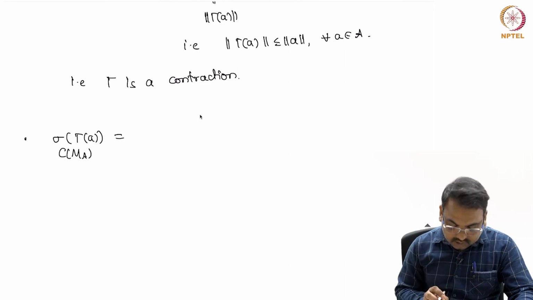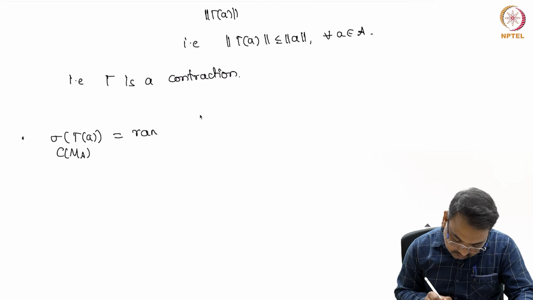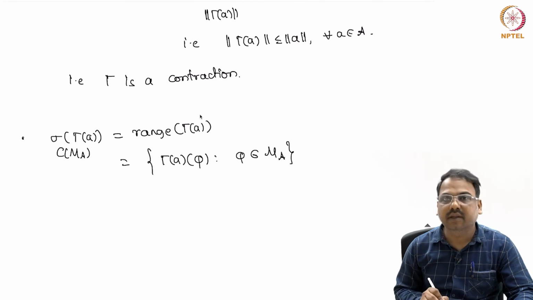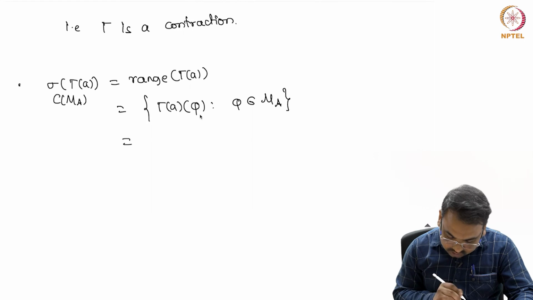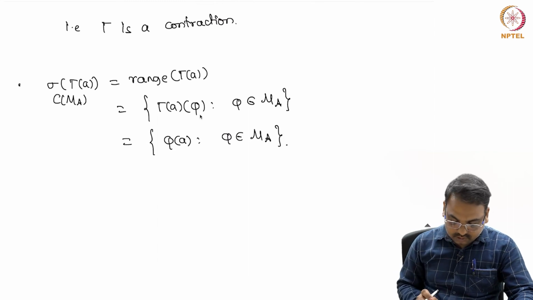So for any continuous function, the spectrum is the range of the function. So this is the range of gamma A, but this is nothing but gamma A acting on phi, where phi is coming from MA. So this is nothing but phi of A, where phi is coming from MA. Okay, so this is the spectrum of gamma A.